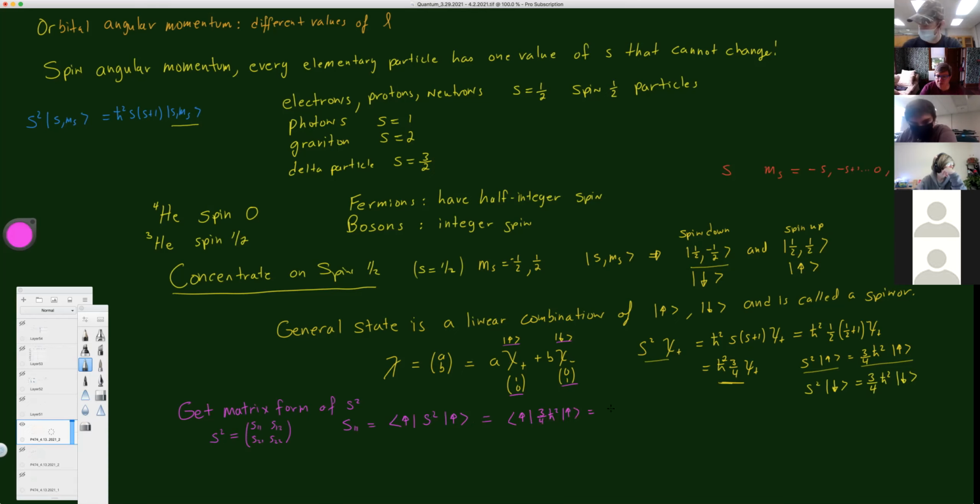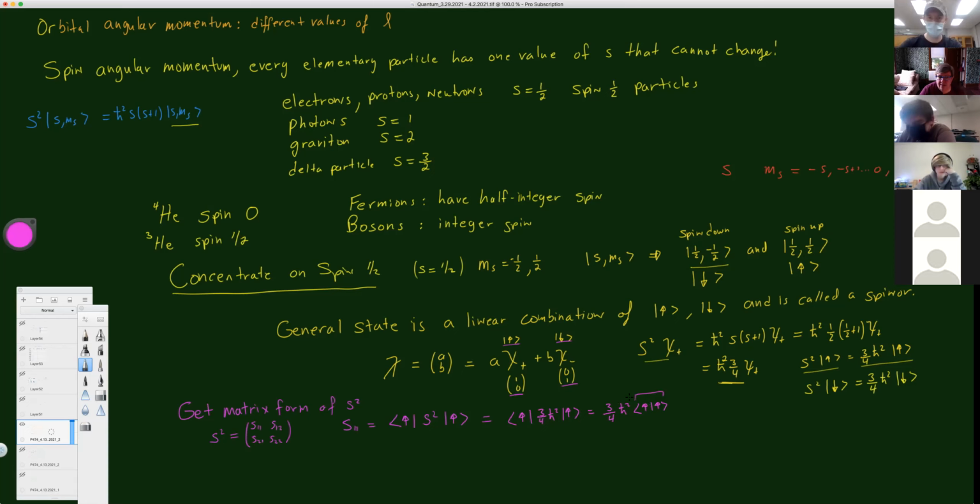And of course I can bring the 3/4 h bar squared out, and then it's going to be up inner product with up, which is 1. Remember these are normalized, although we haven't said anything about them, but they are. And you can look here in this matrix form with the 1, 0 and the 0, 1, they indeed are normalized.